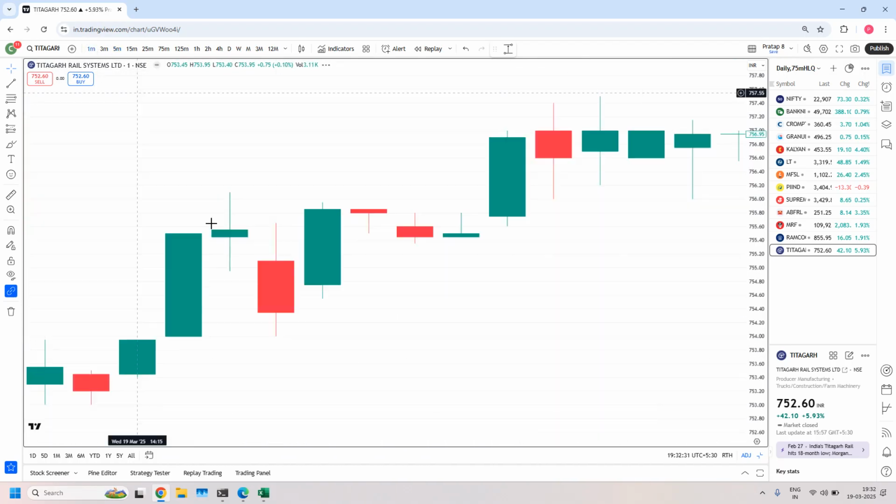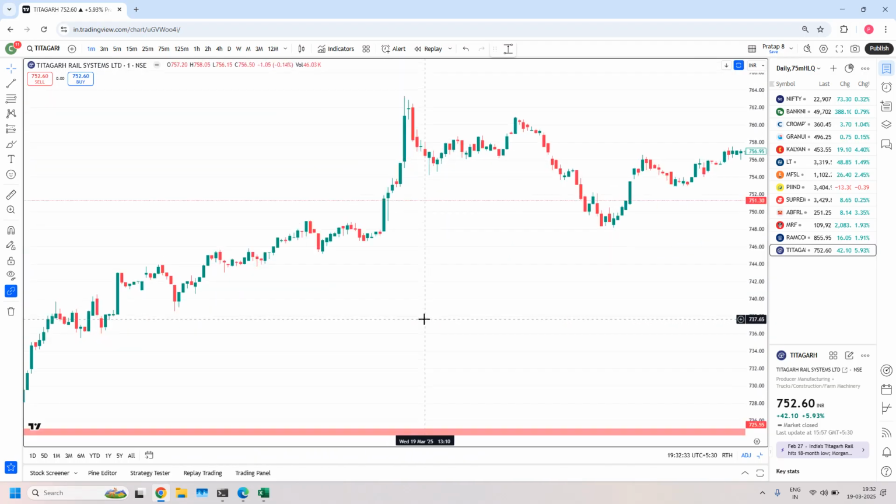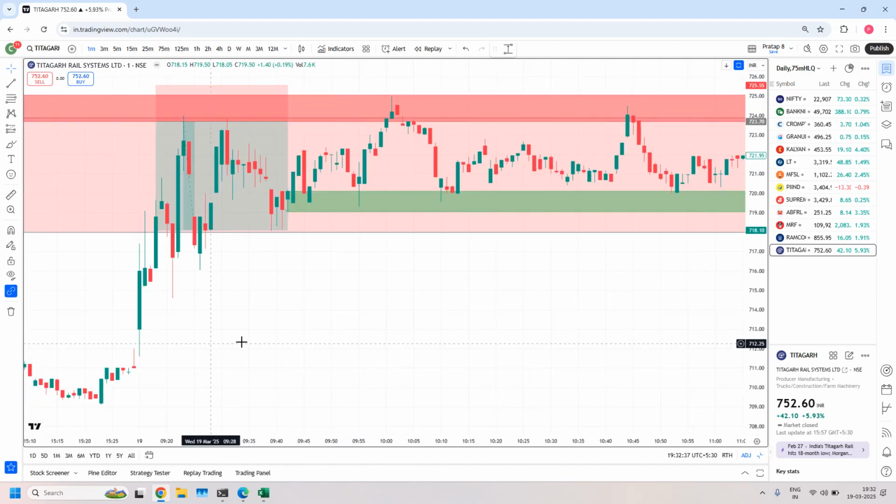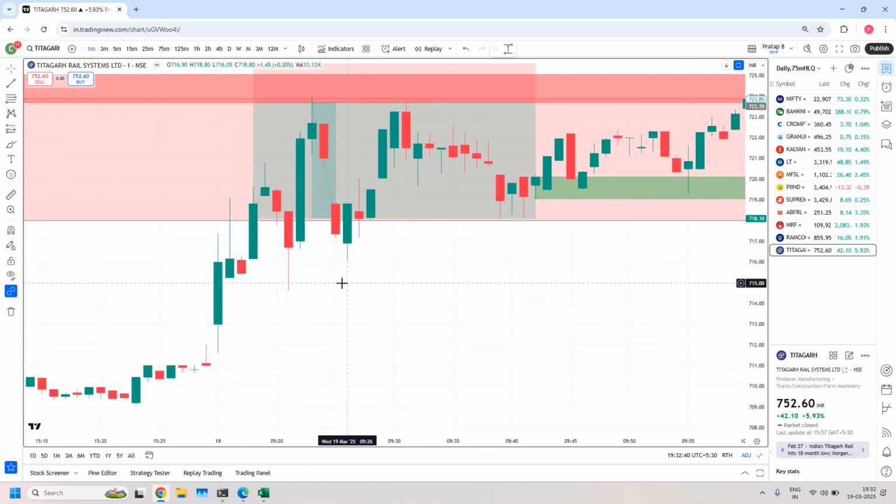Go to 1 minute, you get better clarity. See, you got the trade at the 9:23 candle. After that, it achieved 1:3 RR. Those who are targeting 15 minutes, somewhere here you have the 15 minute target, failed to reach the 15 minute target.